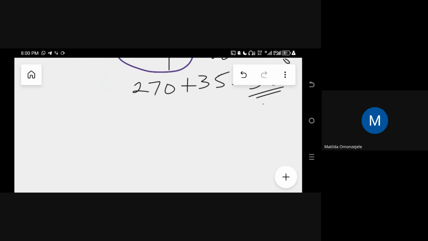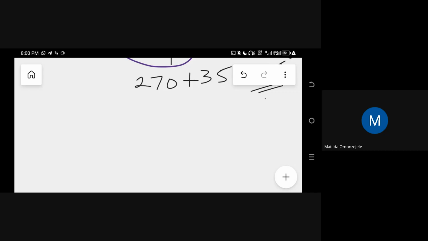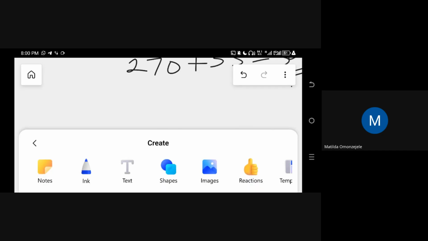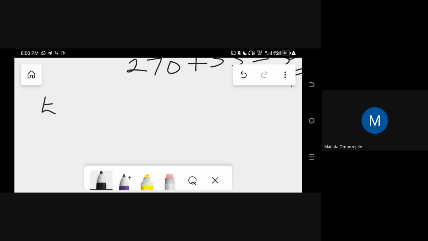All right. So in our example three, let's look at something else. Example three.